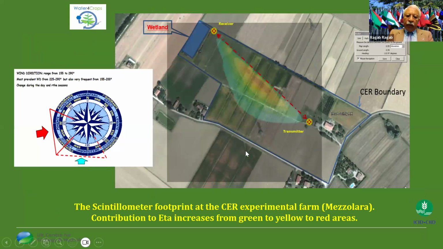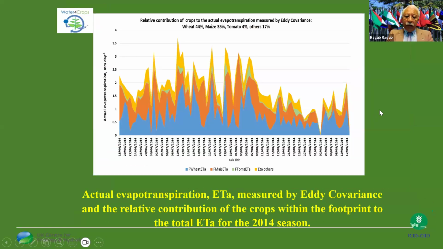Here we put the transmitter and the receiver, and we started to look at the footprint of the evapotranspiration measured by the scintillometer and the Eddy Covariance. And we take into account the prevailing wind direction when we calculate the evapotranspiration. Then we can also split the total evapotranspiration obtained by Eddy Covariance and scintillometers into the contributions of different crops.